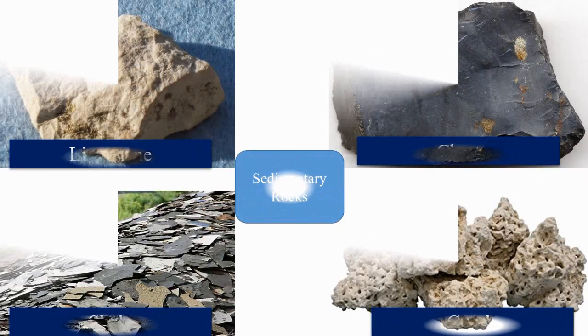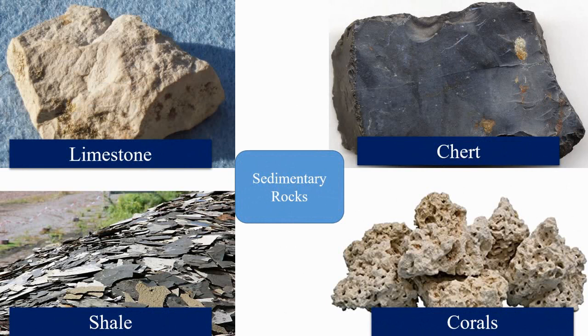As you can see here, there are different examples of the sedimentary rocks we spoke about earlier. Limestone and chert are examples of the chemical sedimentary rocks, and you can see their solid shape. As compared to the detrital sedimentary rocks, you can see there is shale, there are corals.